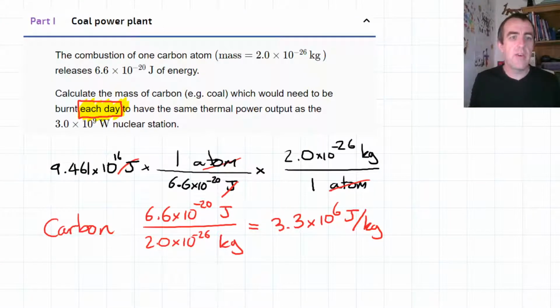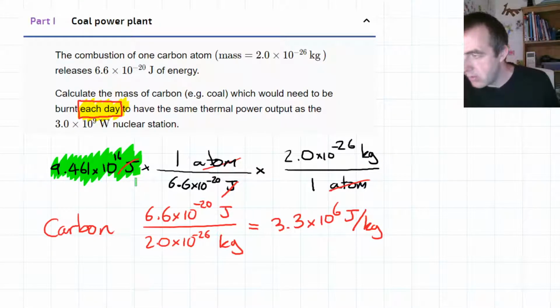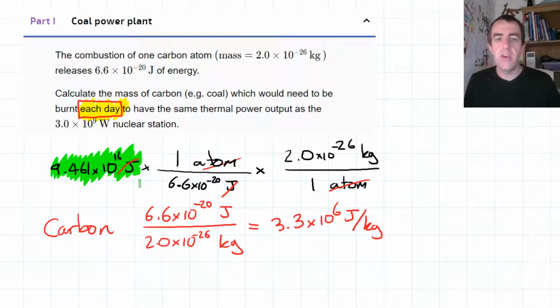So the bit that I need to change is this first part here. This first part is the energy in a year, and I want the energy in a day. So it's going to be a 365th of what I calculated.